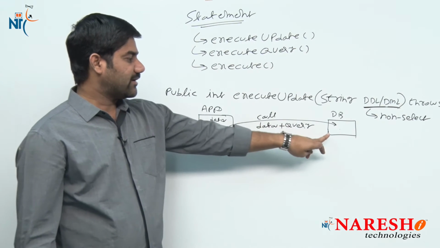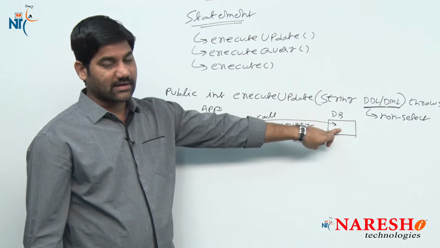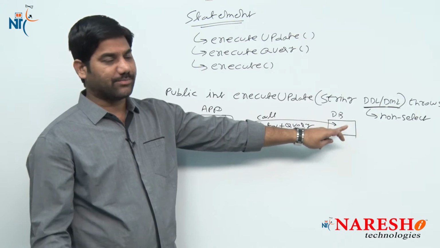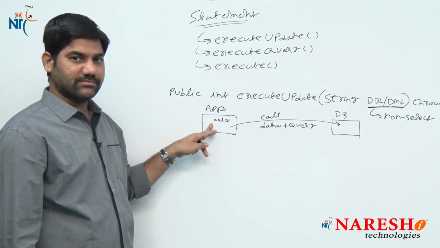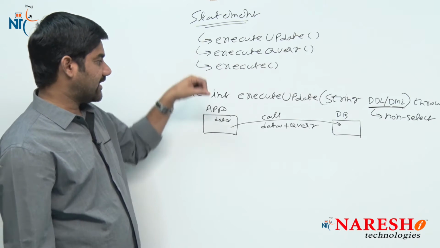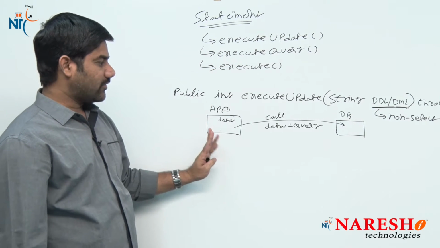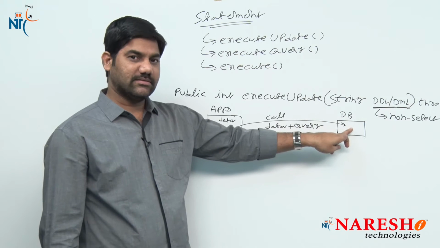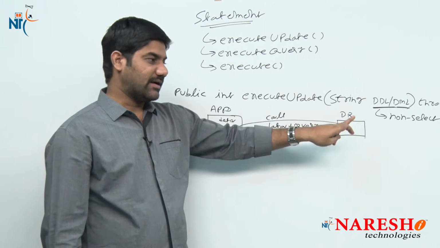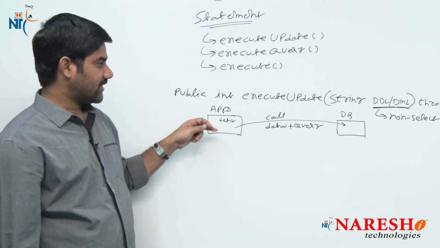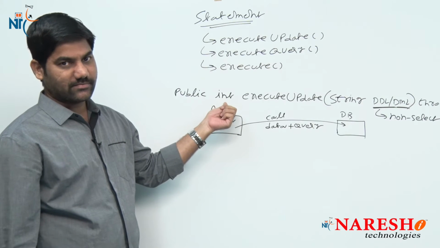After supplying the query, the database receives and processes it, and sends a confirmation value back to your Java application. In which format do they pass it? Integer format. The Java programmer sends the query plus data to the database, and the database sends a value back to the Java application, and that value is an integer value.